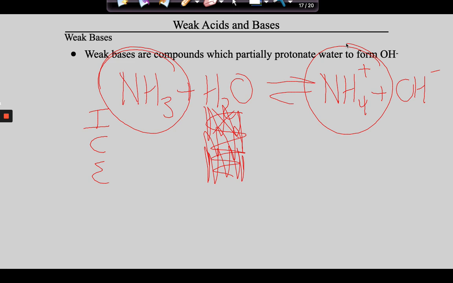As this gets stronger as a base, what happens to the strength of this as an acid? It gets weaker. So as one gets stronger, its conjugate gets weaker.